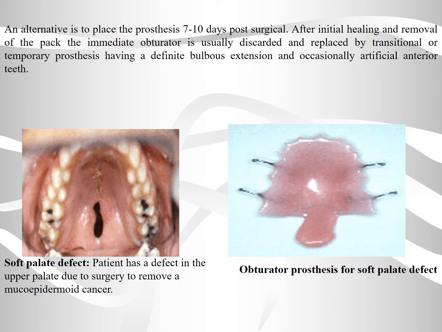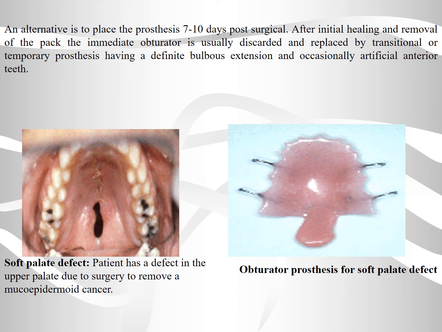So, an alternative is to place the prosthesis 7 to 10 days post-surgery, after initial healing and removal of the pack. The immediate obturator is usually discarded and replaced by a transitional or temporary prosthesis, having a definitive bulbous extension and occasionally artificial anterior teeth.